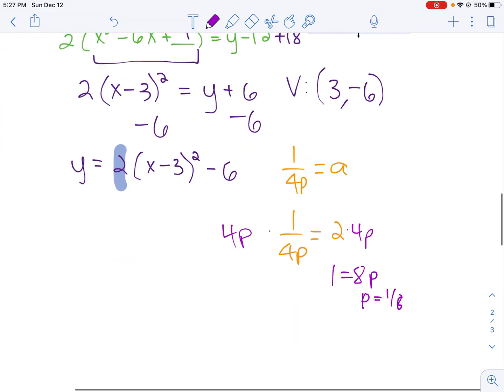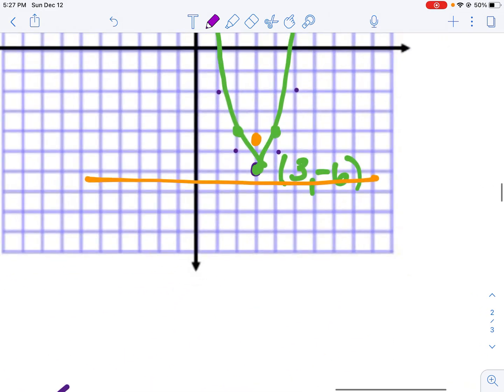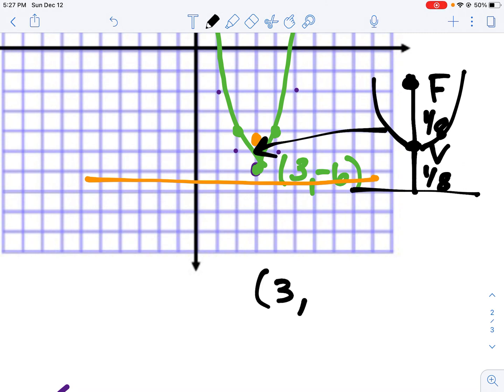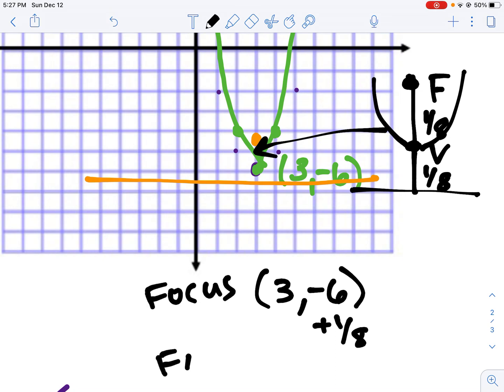So what that means, if I go back and look at this picture, and it's kind of hard to see unless I'm zoomed in, the distance here from the vertex to the focus, I'm drawing it much bigger, is 1/8. The same in the other direction to the directrix, also 1/8. So because my vertex is at 3, -6, I can add an eighth to get my focus. So my focus is at 3, -5 7/8.